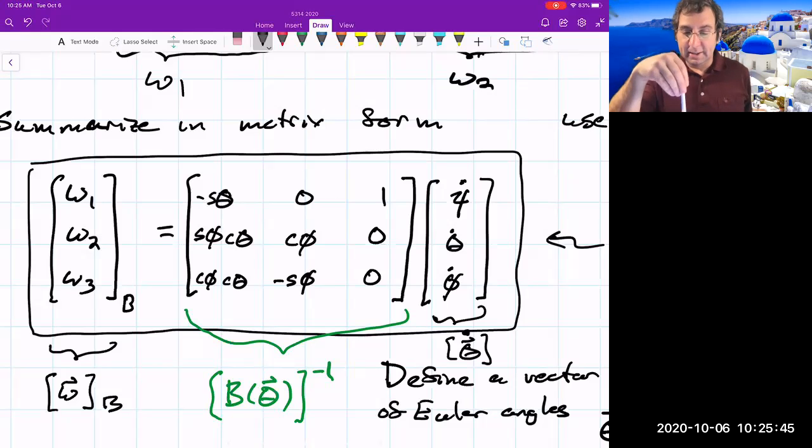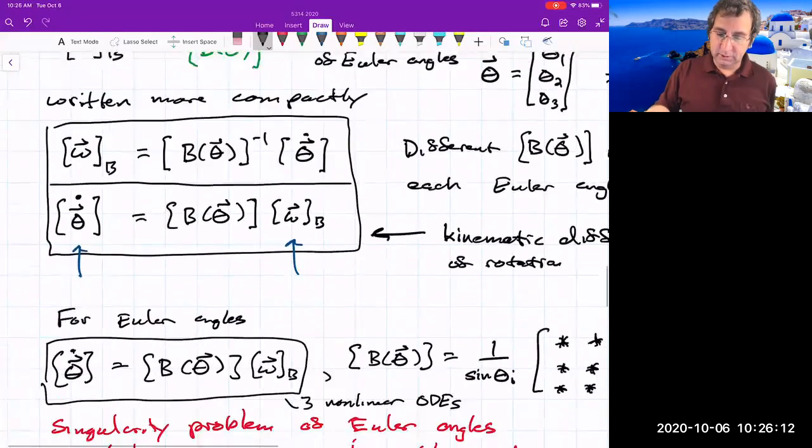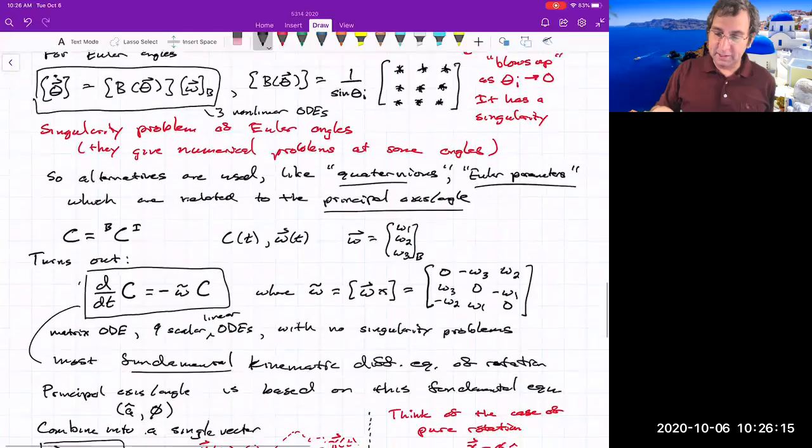So don't think that the omega vector equals the time rates of change of the Euler angles. They don't. That's what makes rotation kinematics more challenging, because you have to pick a convention for your Euler angles, and then you have to have the right B matrix. That is the main takeaway.